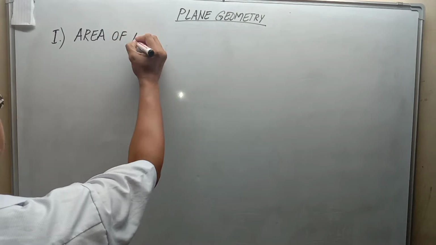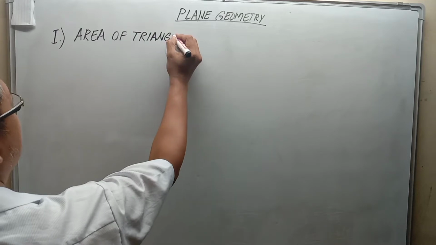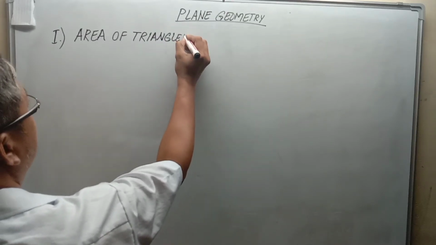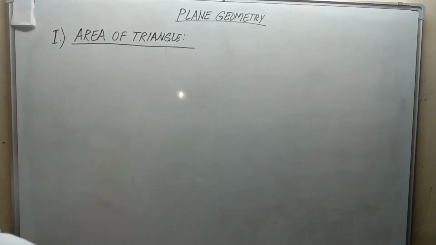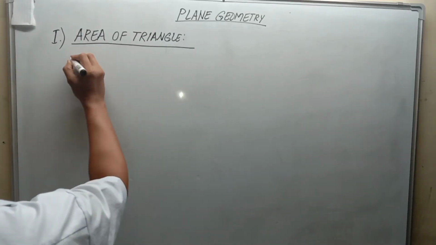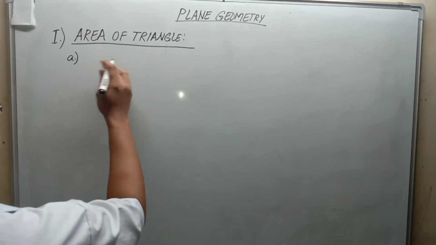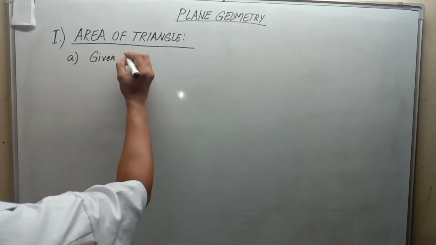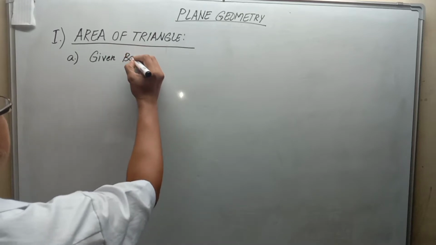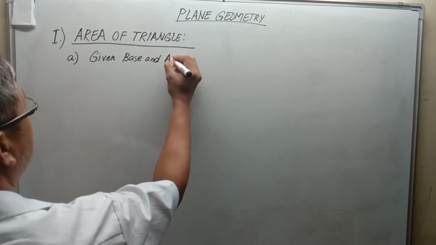So under this topic, area of triangles, our first property will be you have to study the given base and altitude. Okay.